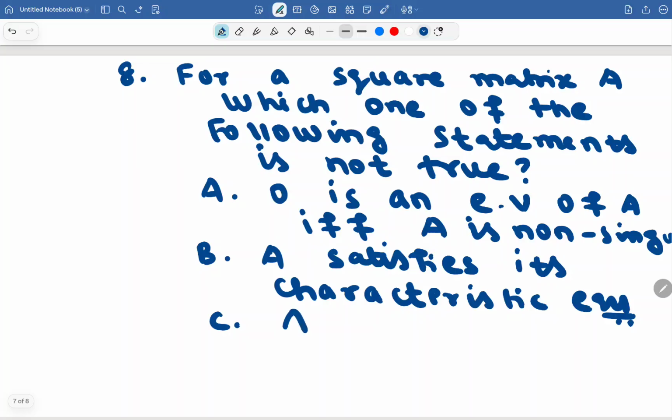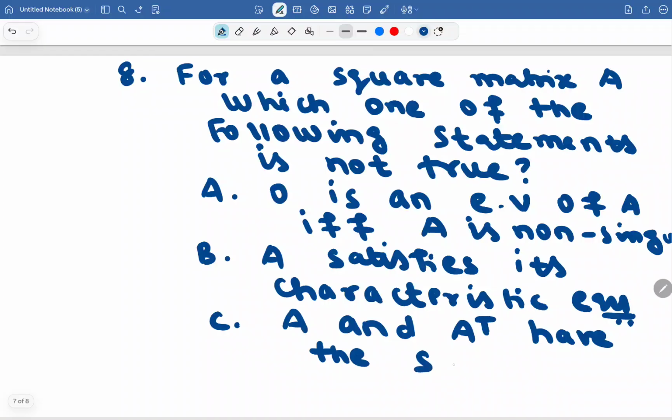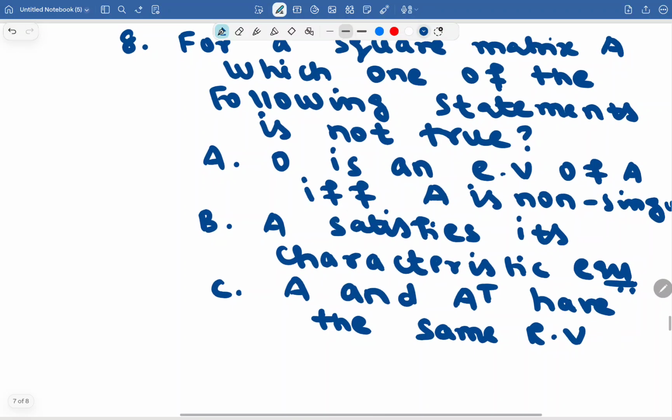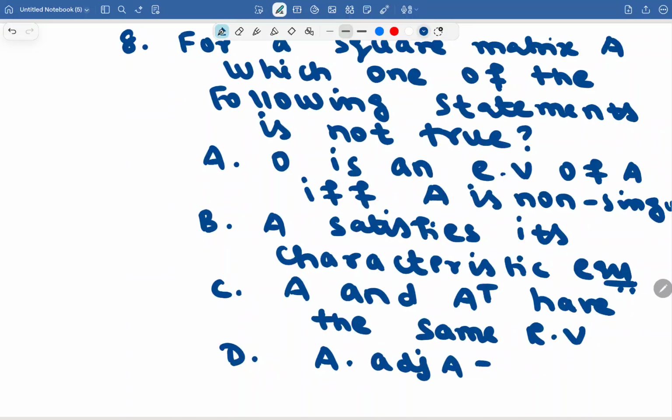Option C, A and A transpose have the same eigenvalues. Option D, A into adjoint A is equal to determinant of A into I.